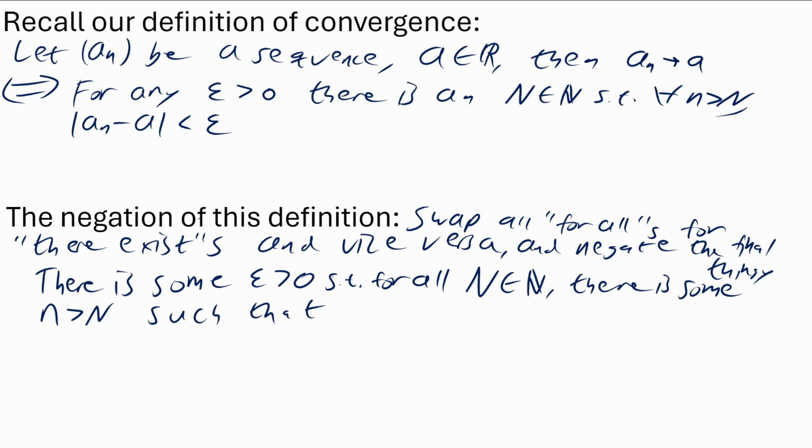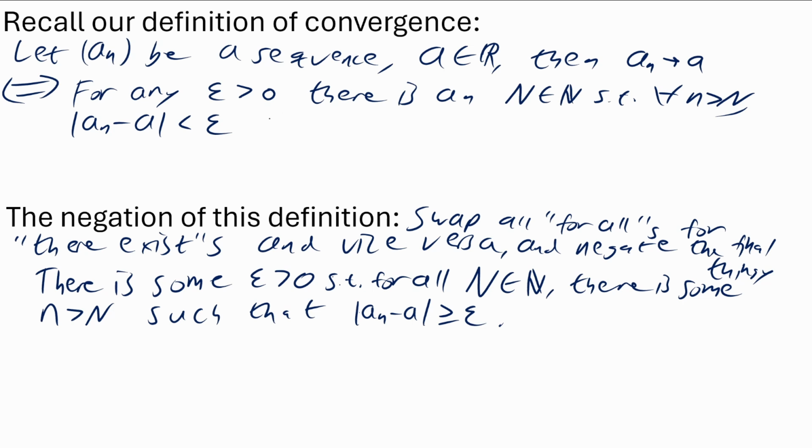The negation happens to be the distance between a_n and a is greater than or equal to epsilon. So a sequence doesn't converge to a if we can find some epsilon such that for any threshold, there's some element of the sequence past that threshold that's at least epsilon away from a.